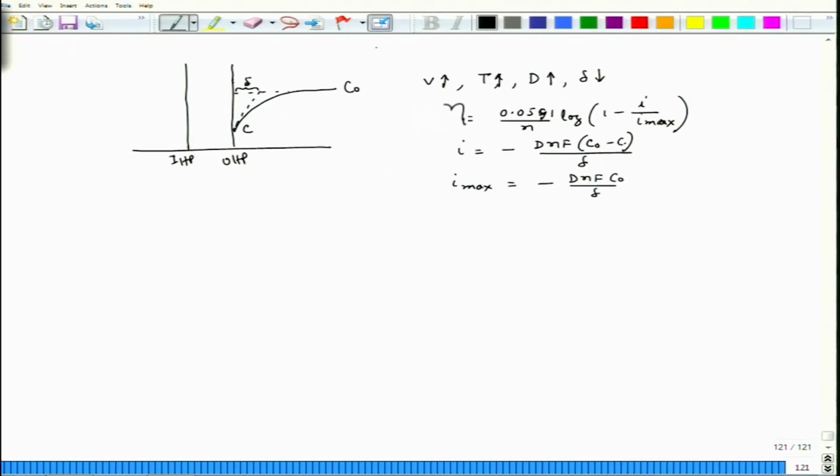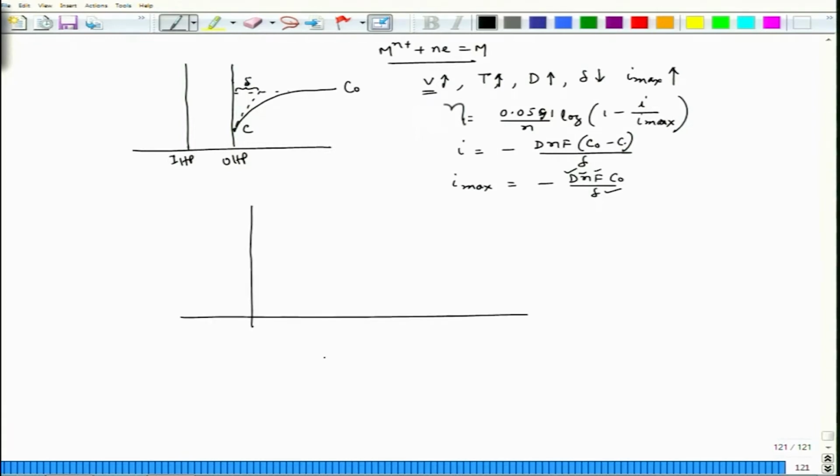Now, for a particular reduction process, n and F are constant. Because velocity increases, I am increasing temperature, and due to this D is increasing, delta is decreasing. So I max increases. Now, interestingly, if I max increases, then I would also have a corresponding change in the polarization response.